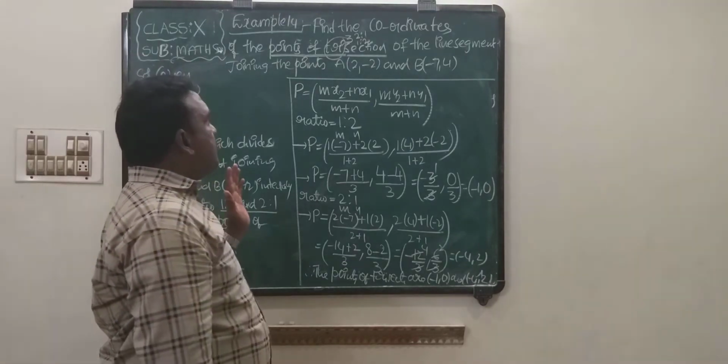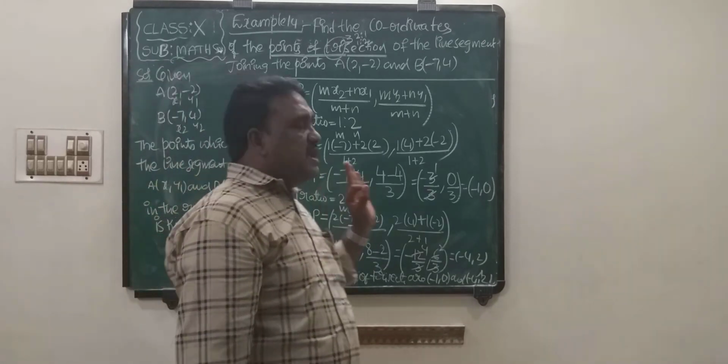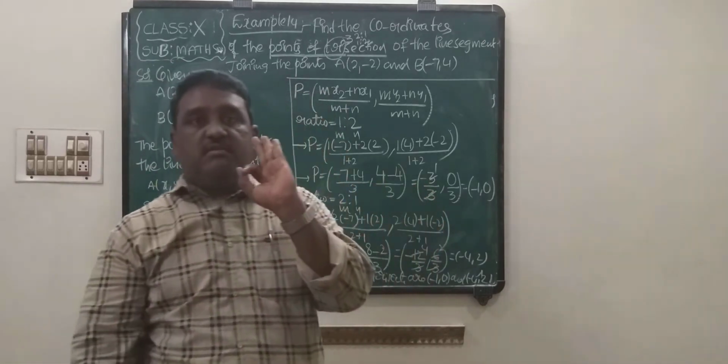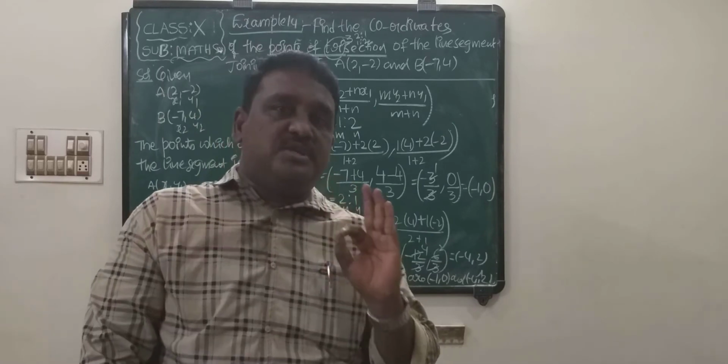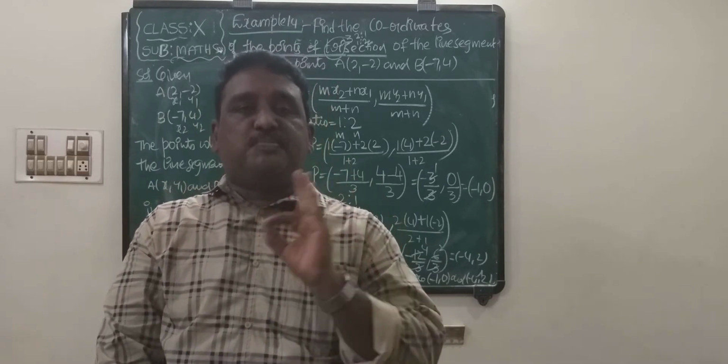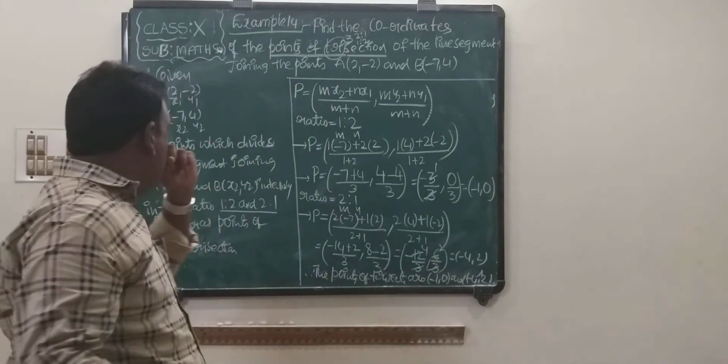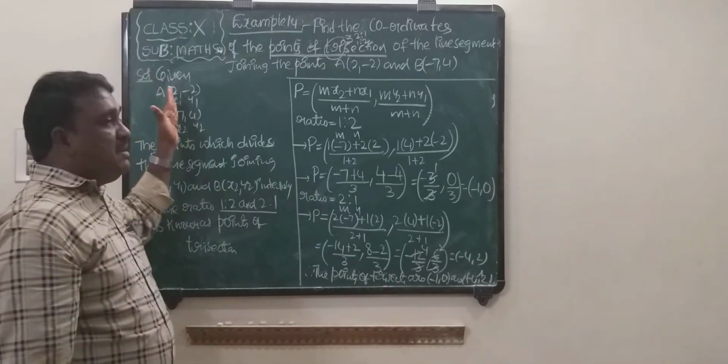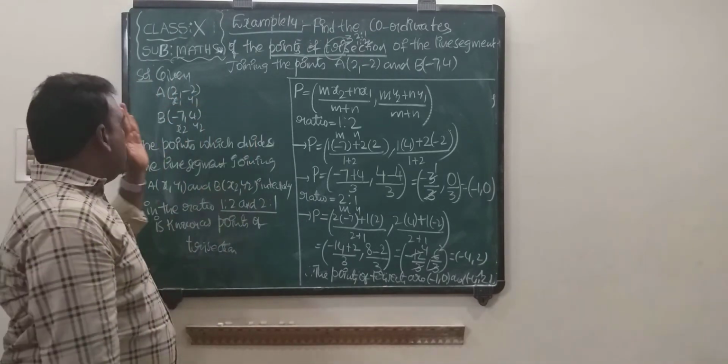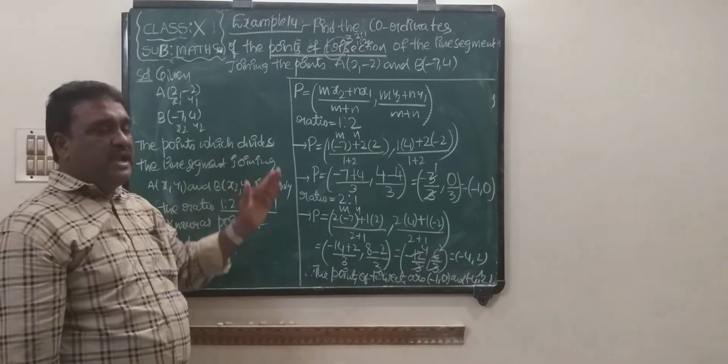How did we do the problem? What is the definition of points of trisection? 1 is to 2 and 2 is to 1 together are known as points of trisection. First point A, let it be x1, y1. Second point B, let it be x2, y2.